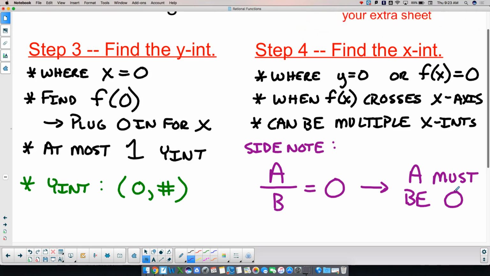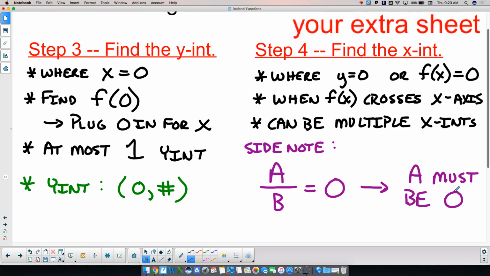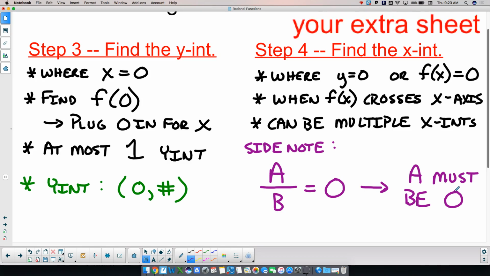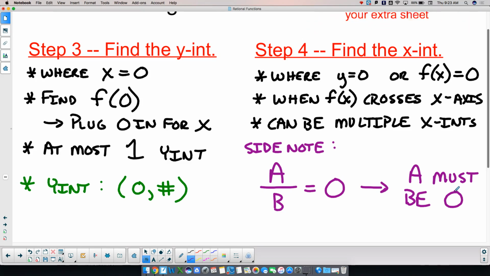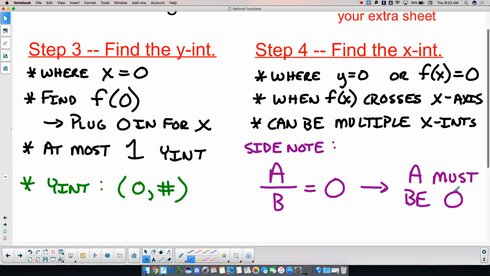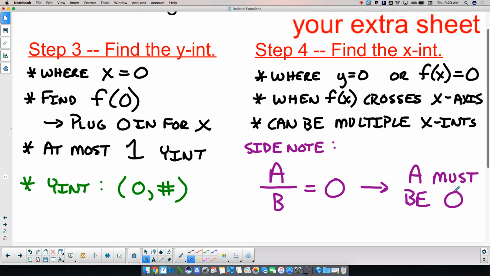So how do you think we're going to go about finding our x-intercepts? If I have a fraction and it's equal to 0, the numerator has to be 0. The top value, the a value, has to be 0. So if I have a function, how am I going to find when that function is equal to 0? What do you got?